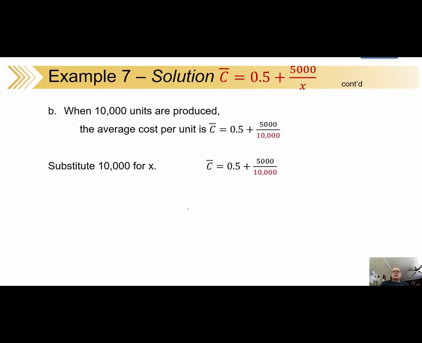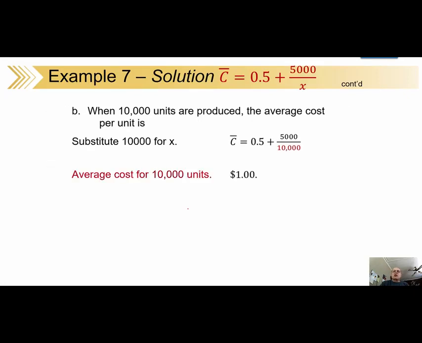For 10,000, just put the 10,000 in where the x is. It's going to cost you $1 then, instead of $5.50. Oh, that's interesting. You go from a unit cost of $5.50 to $1. That's quite a reduction in going from 1,000 to 10,000 of those pens, or whatever you're making.